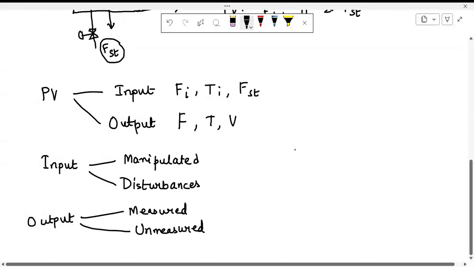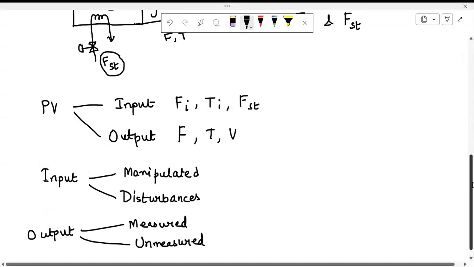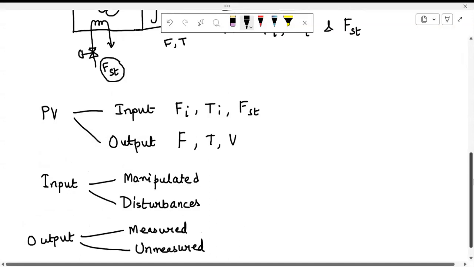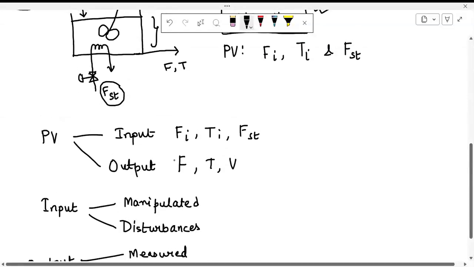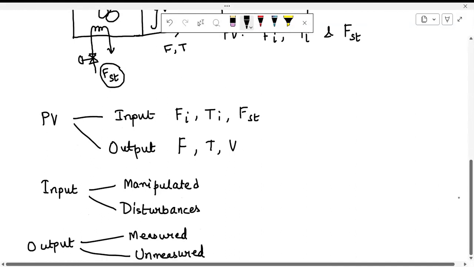So right now the process that we have at hand, the CSTR process, whose output flow rate needs to be checked, the temperature needs to be checked, and the volume needs to be checked. All of these are measurable quantities. The flow rate can be measured using, say, a venturimeter.